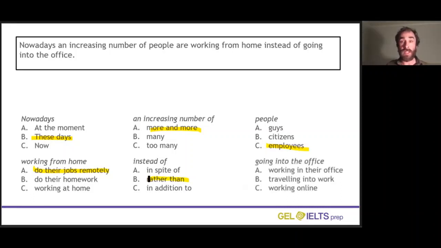Finally, going into the office. What's another way that we could say this? Think about how to paraphrase it. Look at the next question below this video and choose the correct option which has a similar meaning to going into the office.